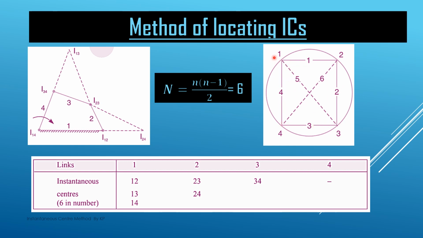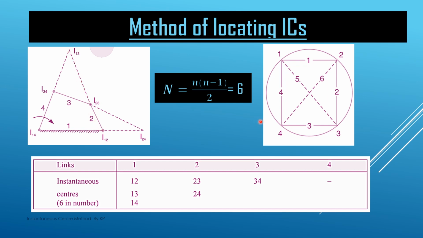It means this I13 will lie at the intersection of the line joining I12 to I23, and the line joining I14 and I34. So this is I12 and this is I23, and we extend this line here.